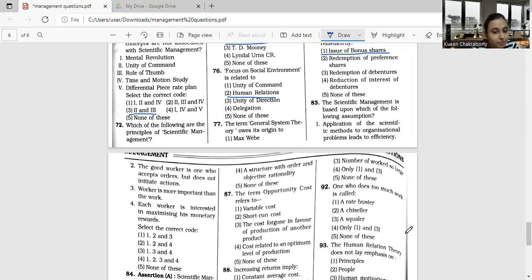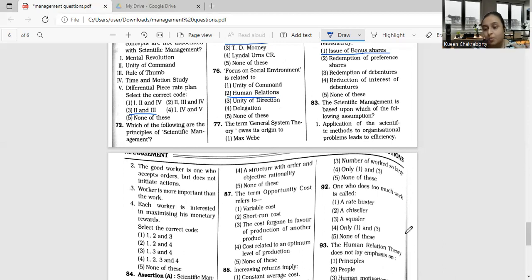Increases in efficiency depend upon increasing the specialization of workers and managerial personnel also. There is a great belief in standardization, therefore seek the one best way to do a job. Design it, teach it, and see that it is followed. So these are the assumptions that were made in scientific management.